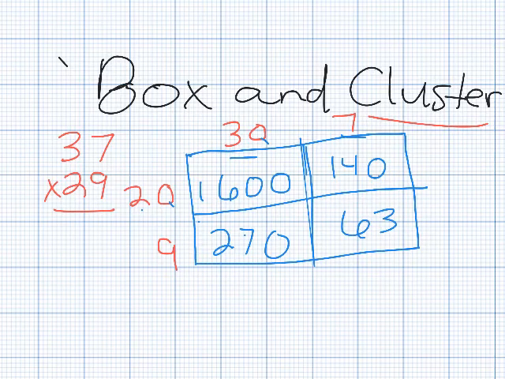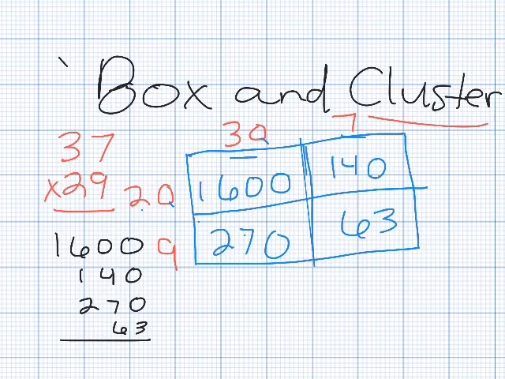Then what we do is we take all of our partial products and we add them together. So 600 plus 140 plus 270 plus 63. Our ones column, we get 3.